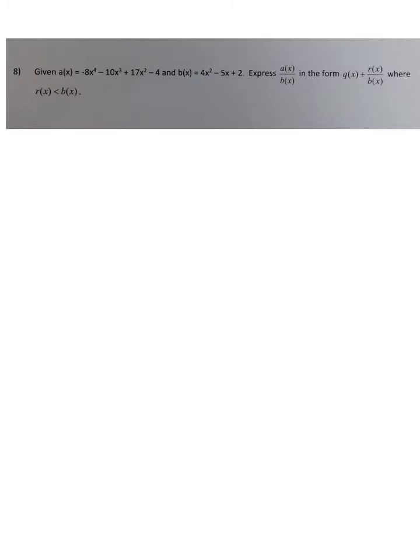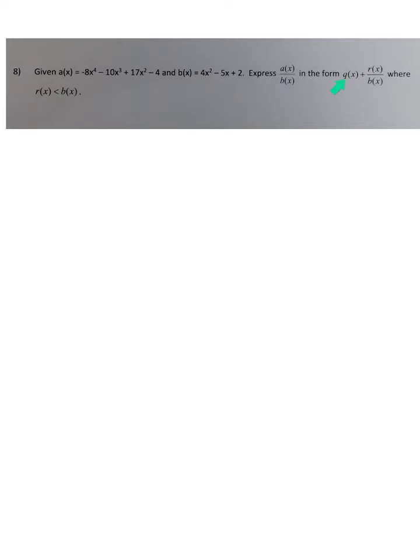Okay, so let's look at number 8. So number 8 is very similar to number 7. The only difference is it's not f of x and g of x. If you look at it, they're asking you to do the same thing. They're asking you to take a of x, which is this polynomial, and divide it by b of x, which is this polynomial. And we're going to write it in this form.